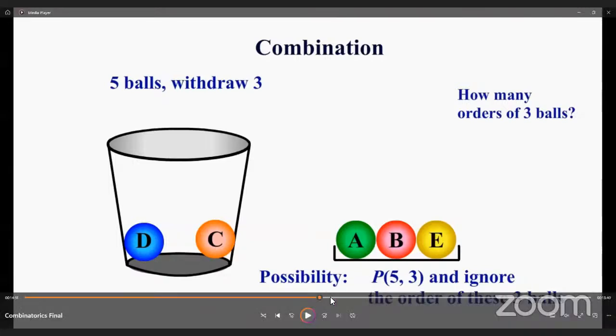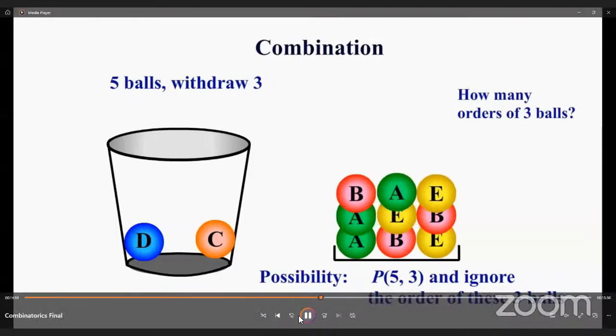So you actually have the same thing as the permutation, that's P53. But now we don't care about the order. So how many possibilities of these 3 balls in random order?